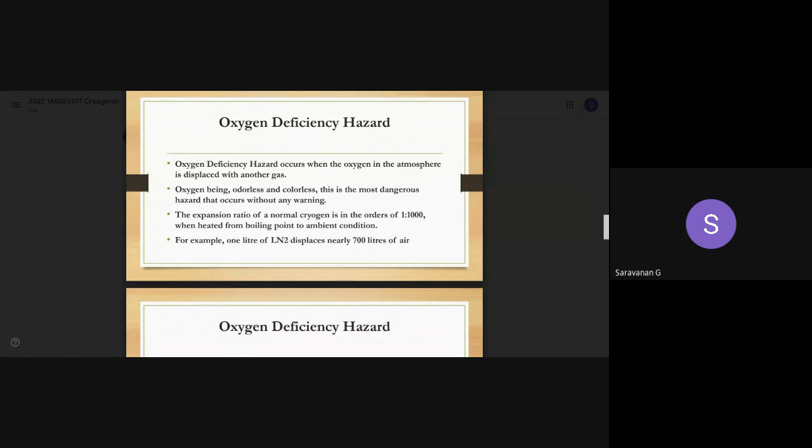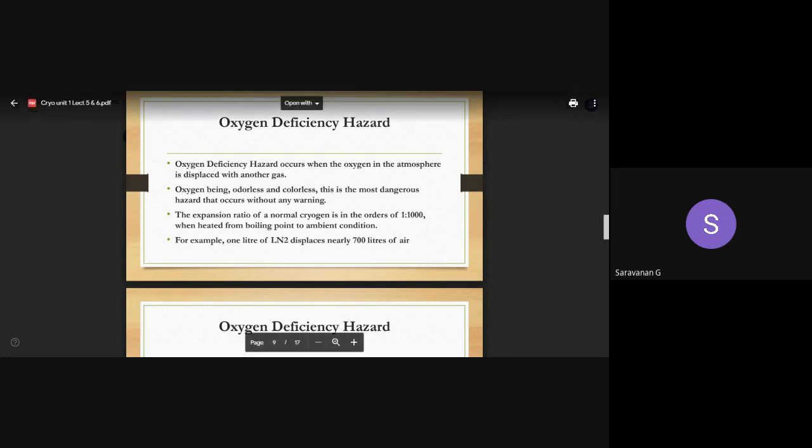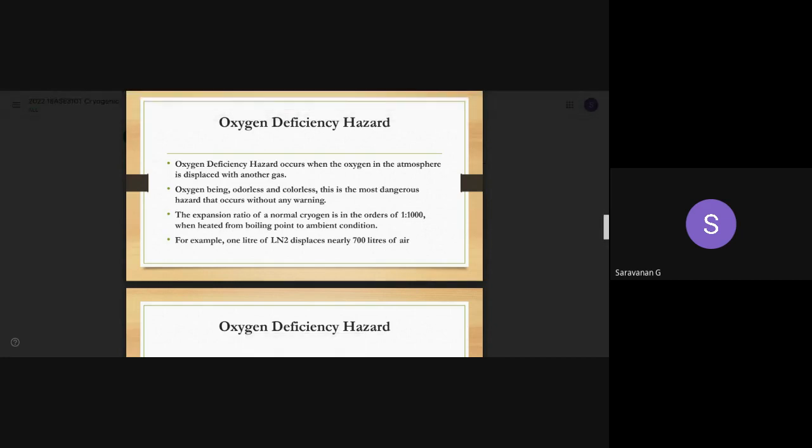So whenever oxygen is deficient, or replaced by other gases, it can lead to fire hazard or explosion. That is the second one, known as oxygen deficiency hazard. The expansion ratio and latent heat of vaporization all work together, affecting the entire system where we are storing, handling and transporting this fluid.